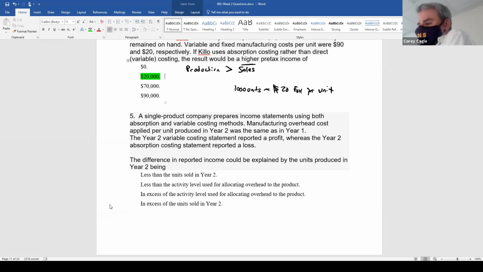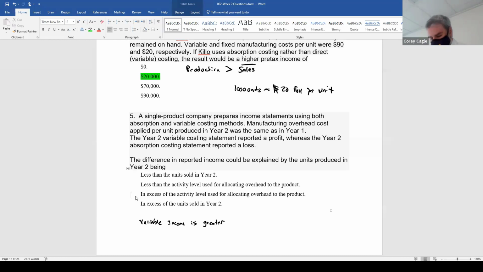So variable income is greater. So that tips us off.